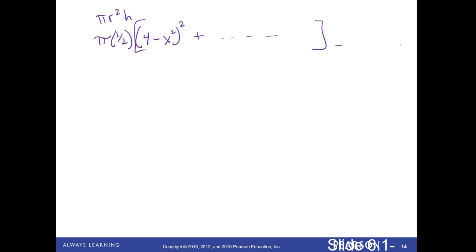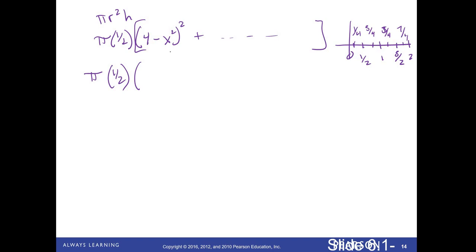So let's look at my midpoints again. 0, 1, 2. I need to use 1/2 and 3/2 for my subintervals. So my midpoints are going to be 1/4, 3/4, 5/4, and 7/4.